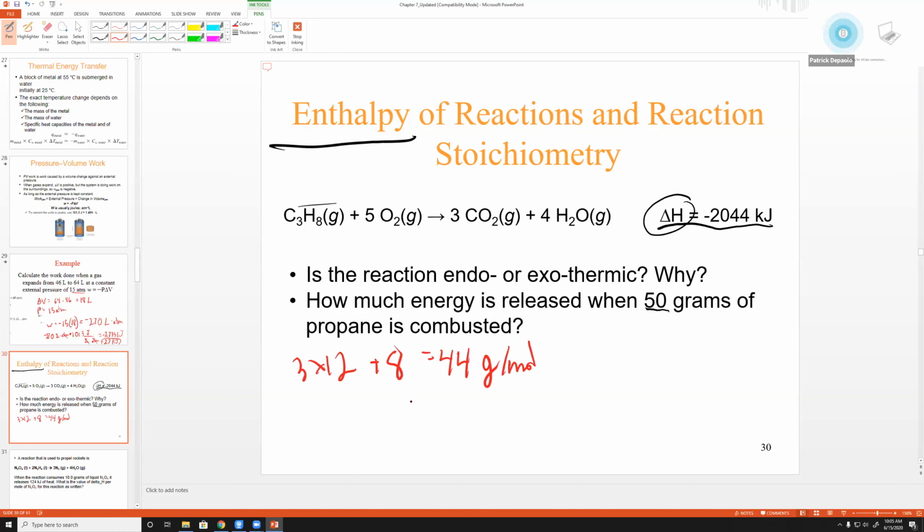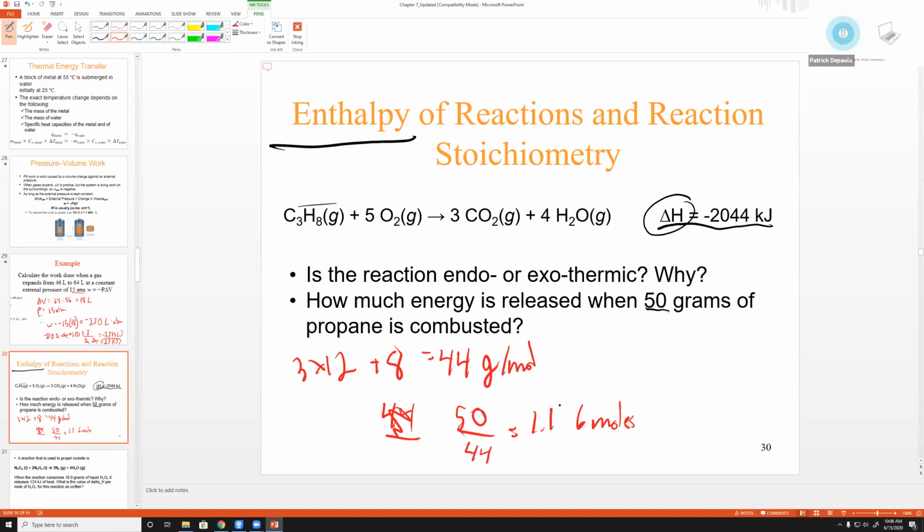Yep, I did my math right. Then 50 divided by 44 is going to be 1 point something. I just did the math in the calculator and then erased the history. So that's nice. It would be 1.136 moles. And then you know that 1 mole makes this.